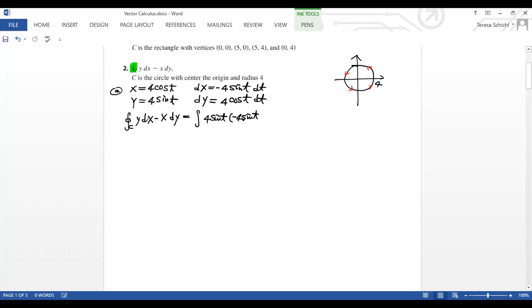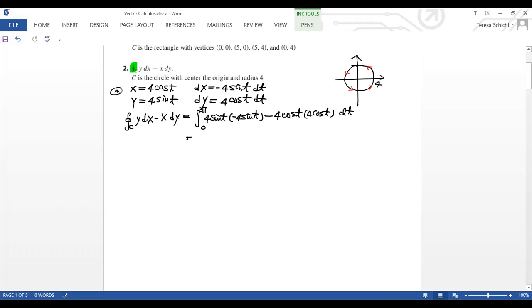Then minus x, this is 4 cosine t, dy is another 4 cosine t, and the whole thing is dt, right? So what is t here? From 0 to 2 pi, okay?